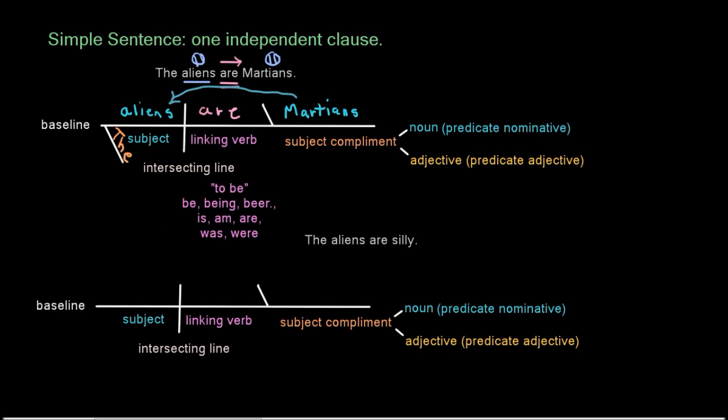We still have our linking verb, are, which is a form of the verb to be. Our subject is still going to be aliens. But now our subject complement, instead of a noun, will be an adjective, modifying aliens.